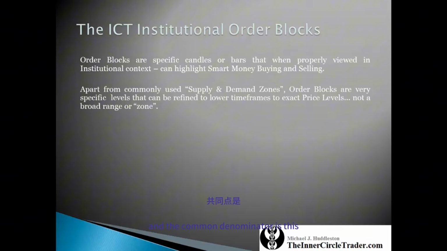And the common denominator is this. It goes back to the sheer volume of institutional traders and bank traders. The volume that they use when they're trading, they're not trading standard $100,000 leverage contract specifications like we do. If we're trading a standard lot in foreign exchange in the euro, 1 pip is worth $10 per point.